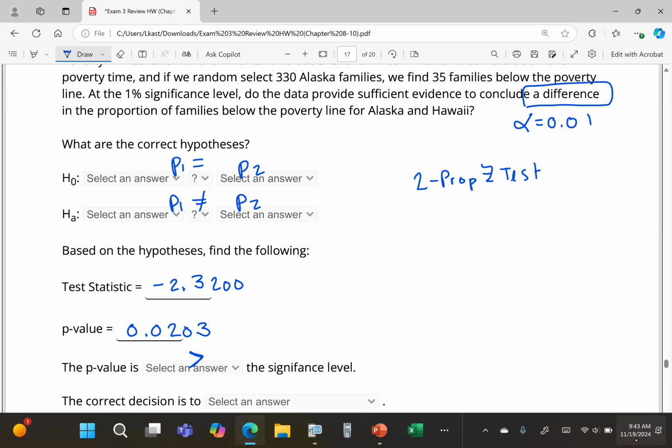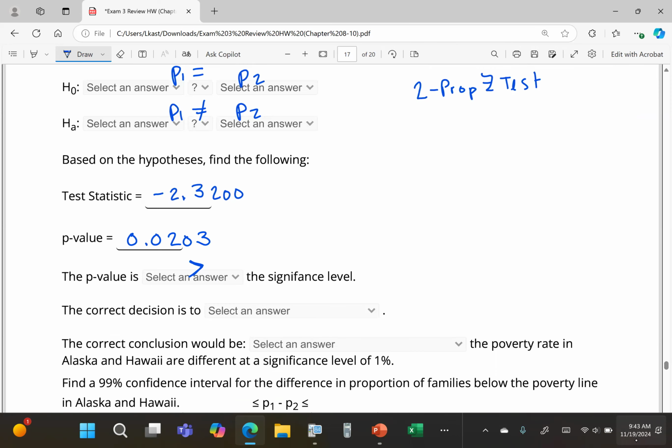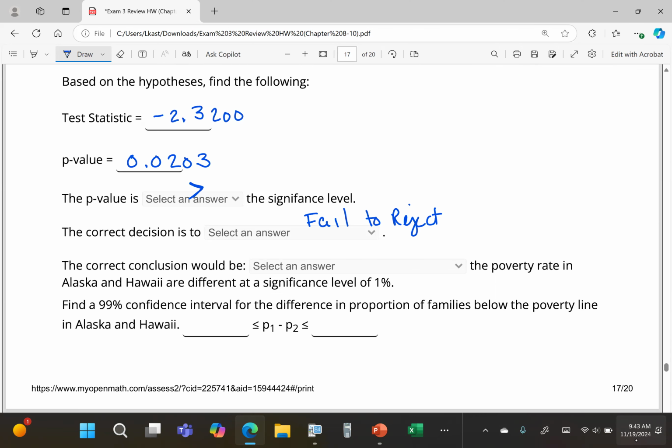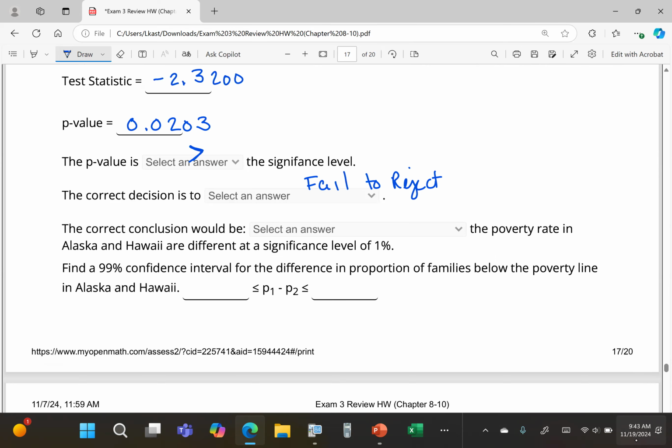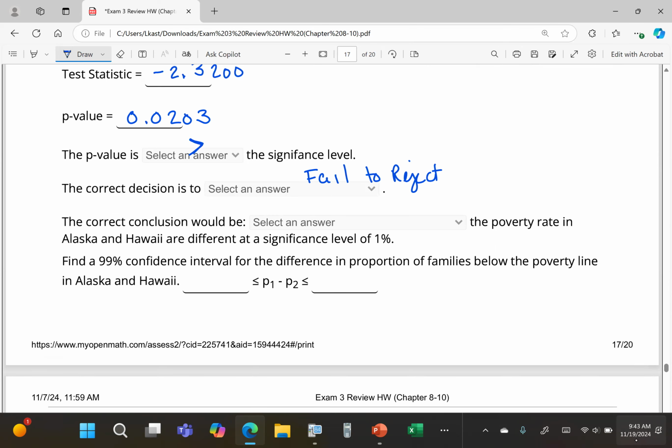If the p is high, the null must fly. So what are we going to do? Are we going to fail to reject? So be sure you do your own review, just to make sure. Okay, so now I'm going to pick from a couple of drop downs.